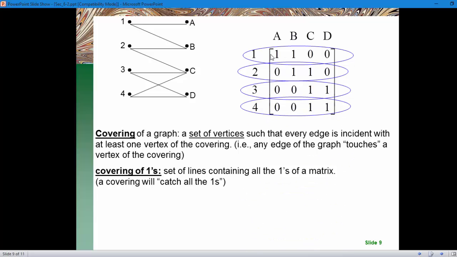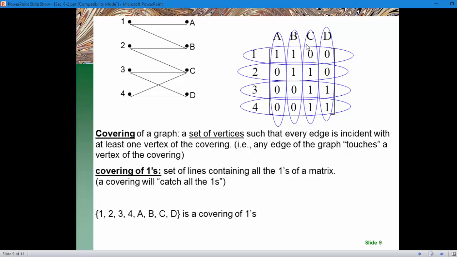It is a covering because you're covering all the ones in the matrix. Remember when I said that selecting all the vertices is also a covering? Yes, here it is. It's like shooting a fly with a cannon, right? You're selecting all the vertices, then you're certainly going to cover all the ones in the matrix.